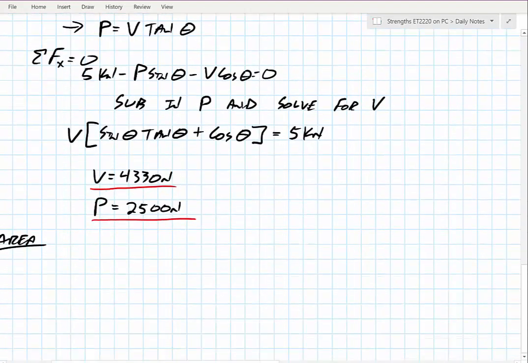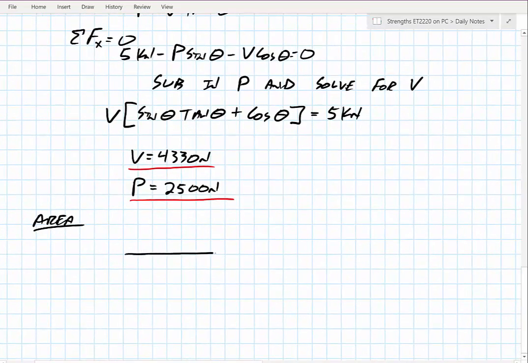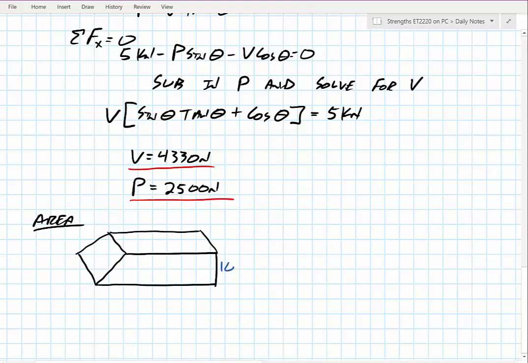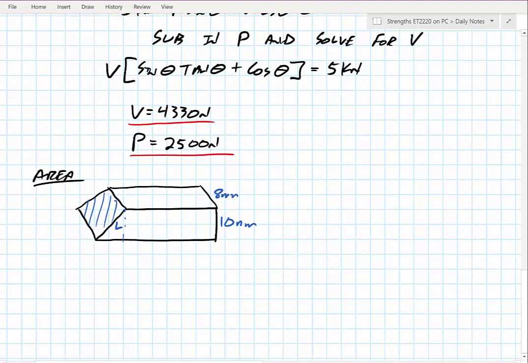So if we want to look at what our area actually is, I'm going to do my best to draw a 3D of this thing. This could get a little ugly, but we'll see what happens. Alright, so with a 10 millimeter side and 8 millimeters into the page, this is my cross-sectional area. So I need to figure out how to find that. The key would be this overall length right here, right? Well, I can make that into a triangle and figure it out because I know that's 30 degrees.